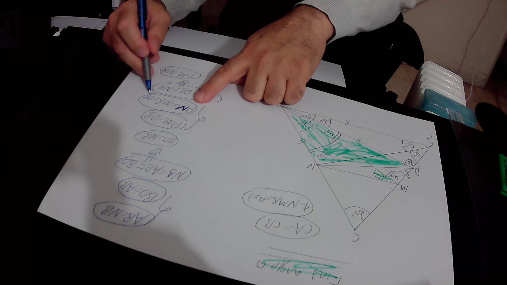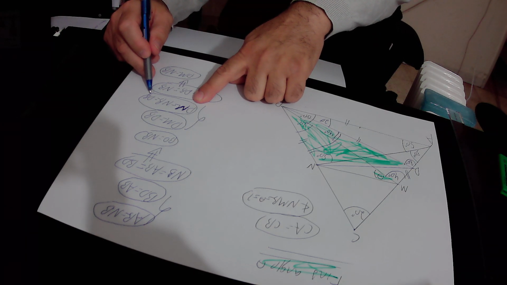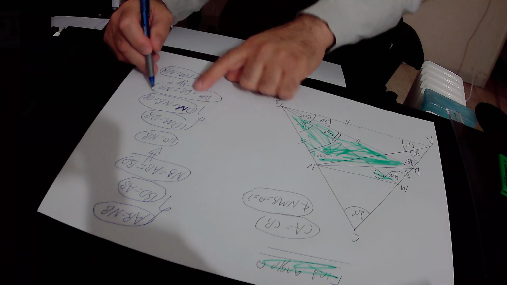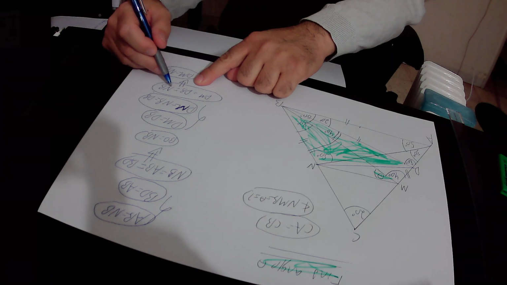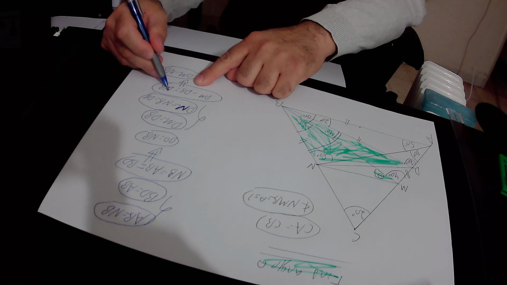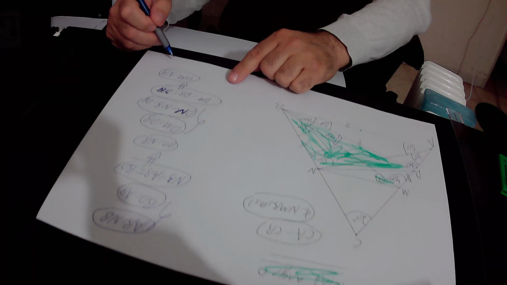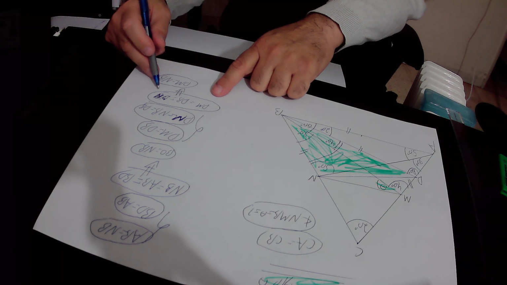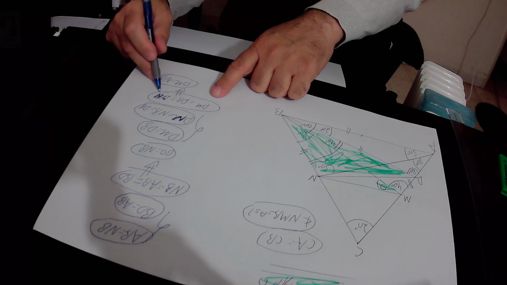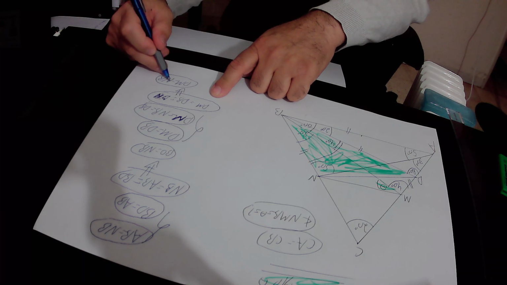So we can write here that DB equals DN. And from DM equals DB equals DN, we derive that DM equals DN.